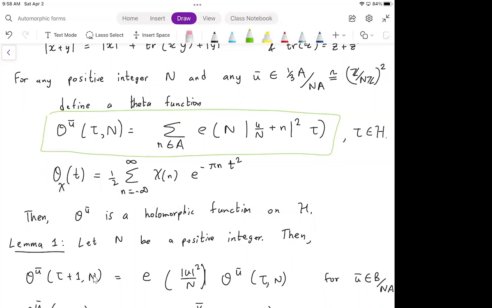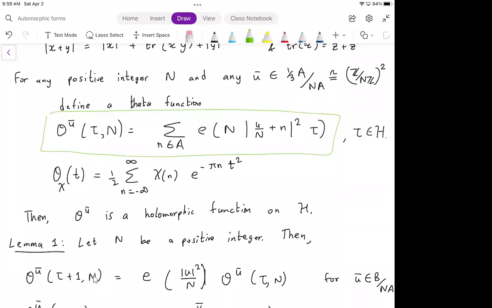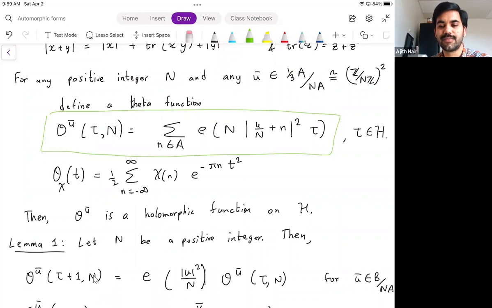I'm just trying to see one point where it diverges. Outside the upper half plane, I'm not so sure. I guess if you put tau equal to 0, then it may not converge, because you just get 1 plus 1 plus 1 plus 1. It's just 1 for all n, so that won't converge.